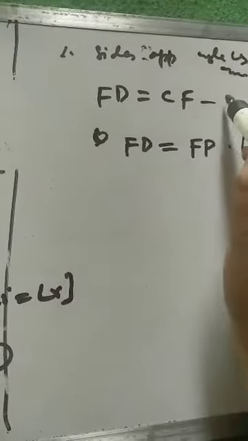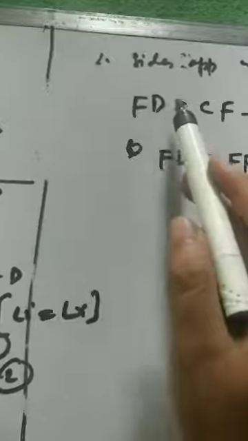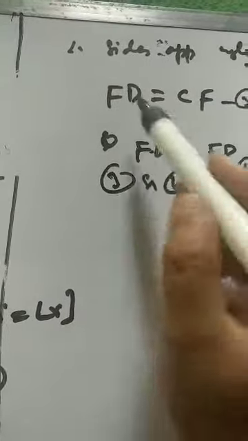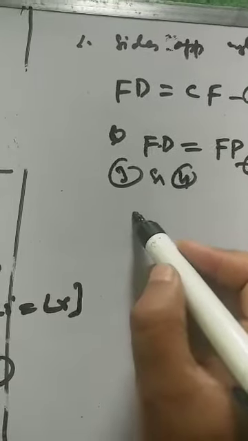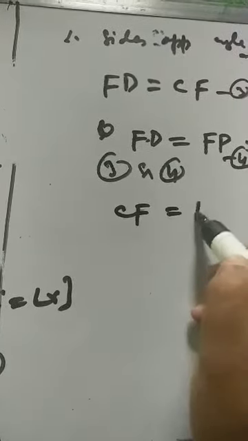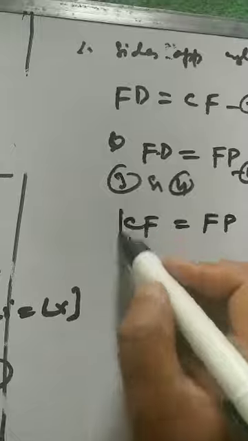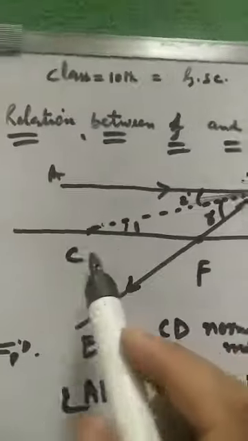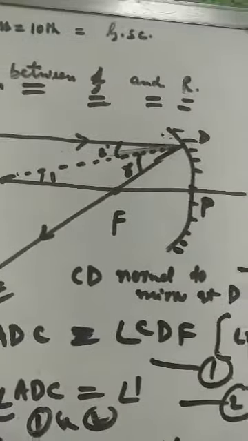So this is equation third, this equation fourth. यहाँ हम कंपेयर करेंगे आपस में थर्ड एंड फोर्थ, जब कंपेयर करेंगे, FD is equal to FD, CF is equal to FP. CF is equal to FP. फर्दर अगर हम CP करेंगे, CP किसके बराबर है?